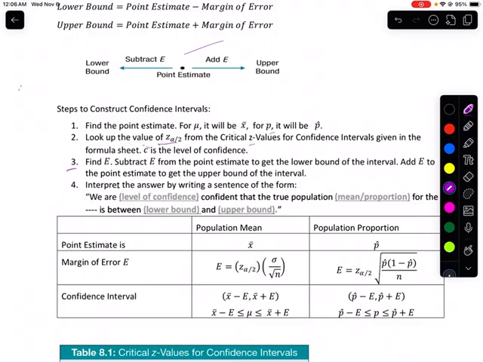So here is the kind of wording that you will be using for every problem you do. Here are the formulas for the error and for writing the confidence interval. You can write it in interval notation like here, or as a set of inequalities like this.